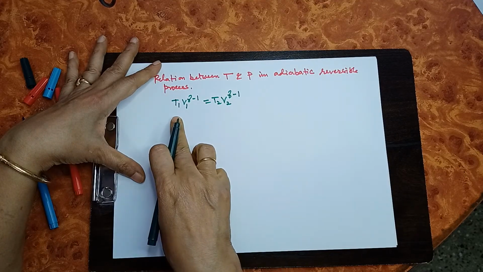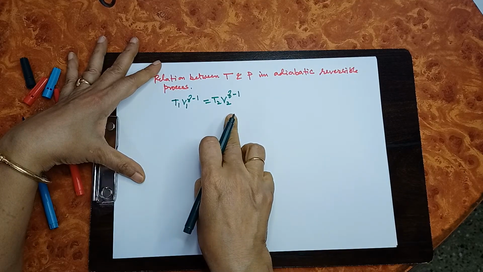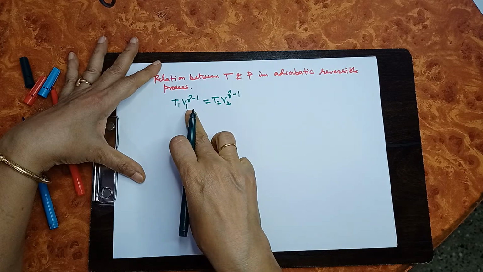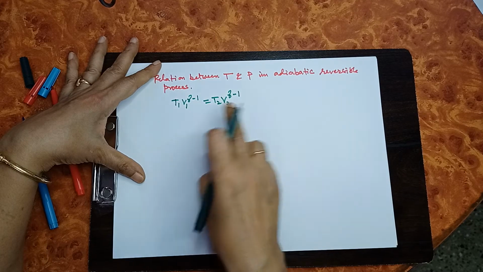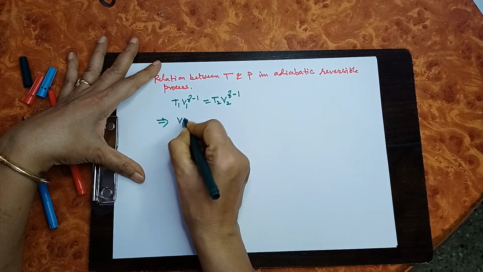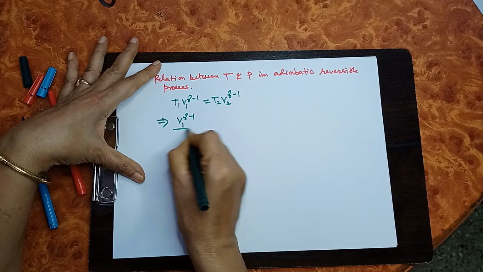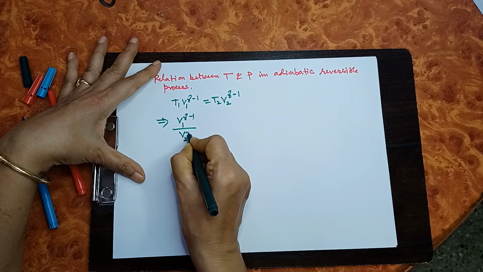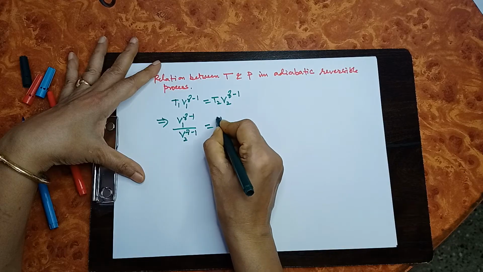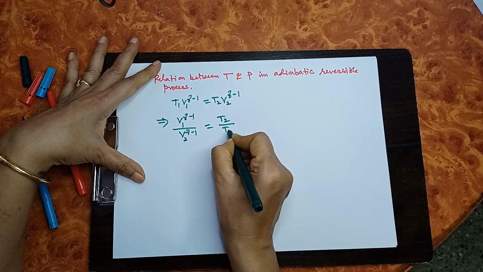This is the relation between temperature and volume. Now we need the relation between temperature and pressure, so volume will be replaced in terms of temperature and pressure. So what we can write? V1 gamma minus 1 divided by V2 gamma minus 1 is equal to T2 by T1.